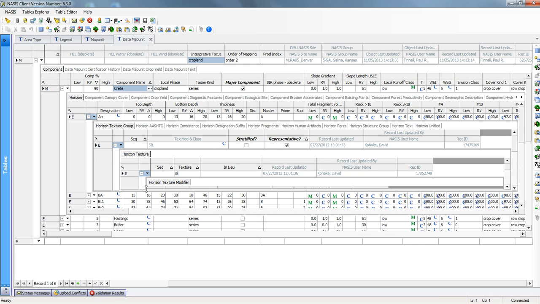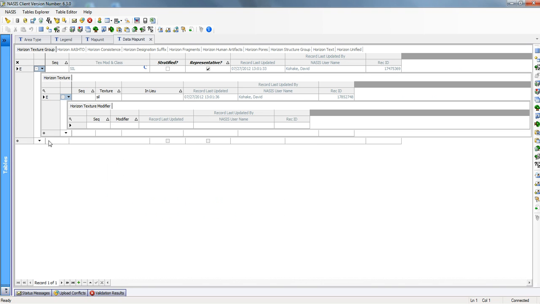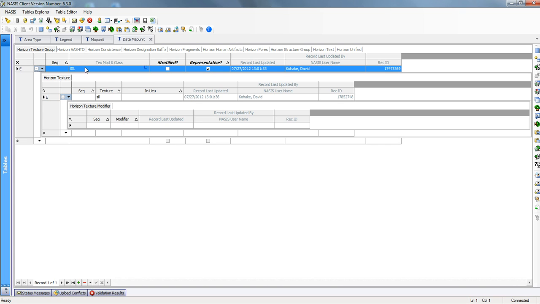One of the features is that you can click on this magnifying glass. It promotes the table up so that you can spend more time reviewing or expanding the tables. So if you had a texture silt loam and a modifier of gravelly, you'd have the gravelly, the silt loam, and then you would calculate the gravelly silt loam. This one doesn't have any gravel, but it is a silt loam soil.